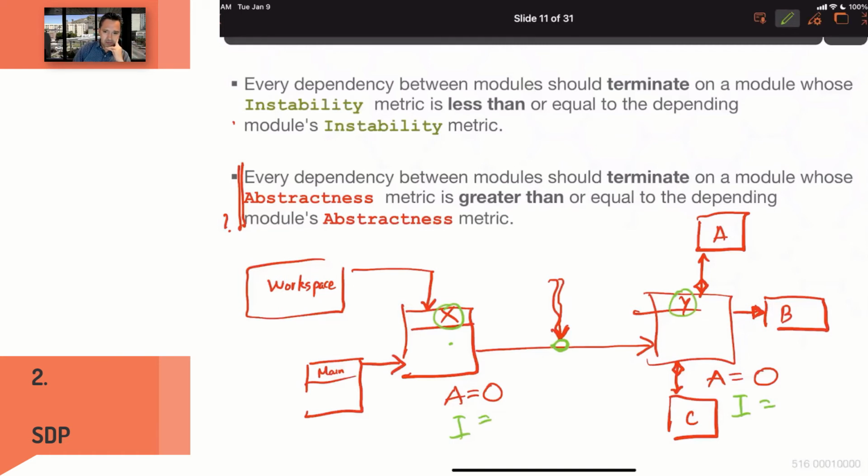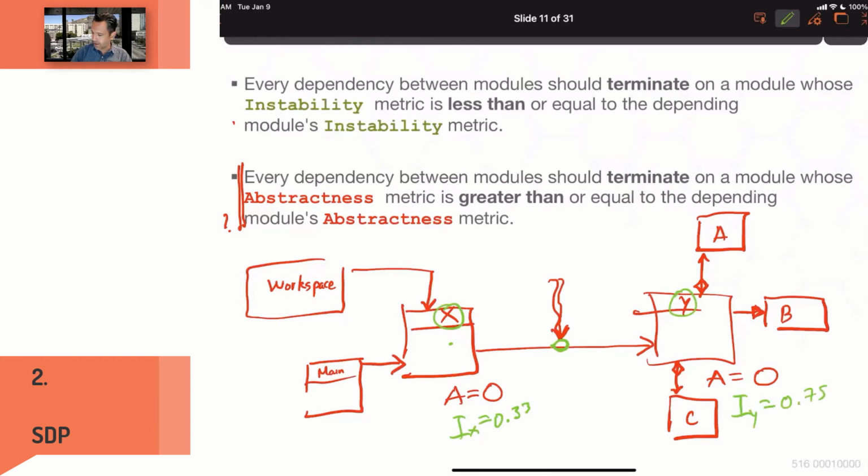And basically, quickly, the instability for X is going to be equal to, yeah. And the instability for Y, the second one is greater.